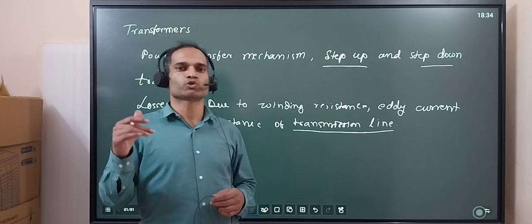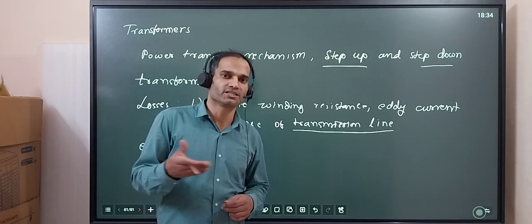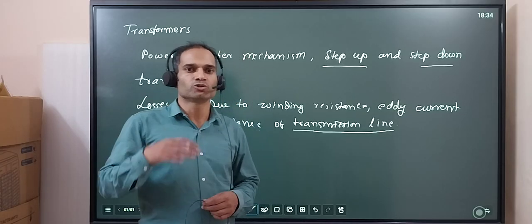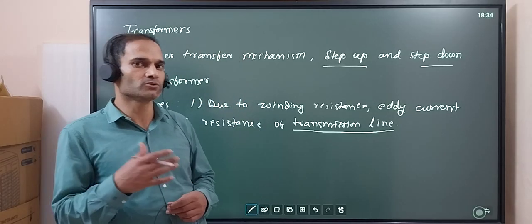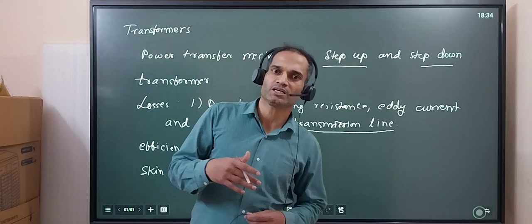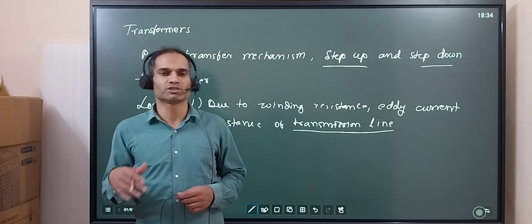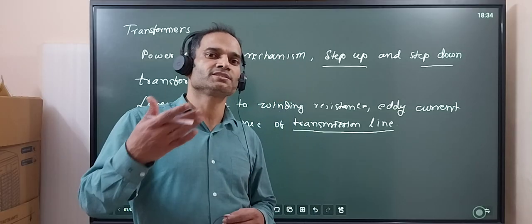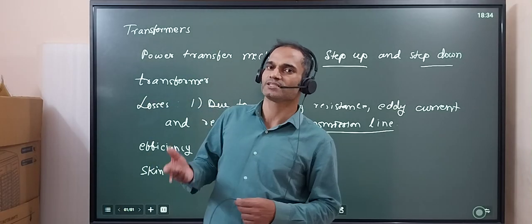So I square R losses, heating loss in the transmission line, will be high. To reduce this, we have to reduce the current, and when we reduce the current, voltage is increased.